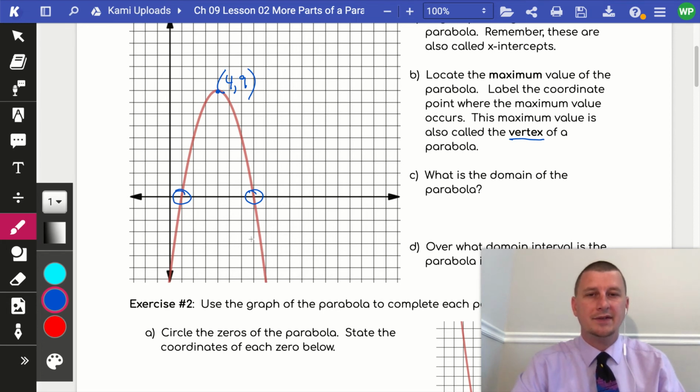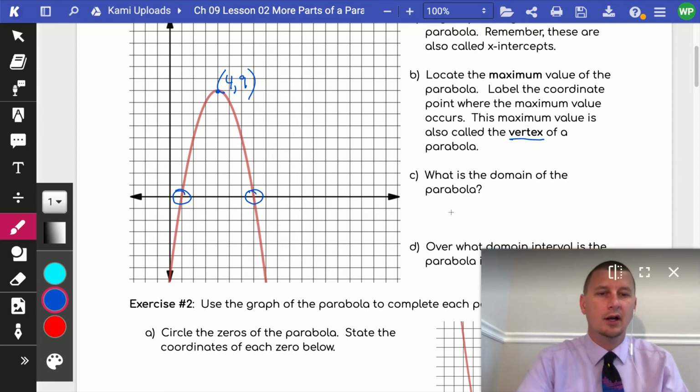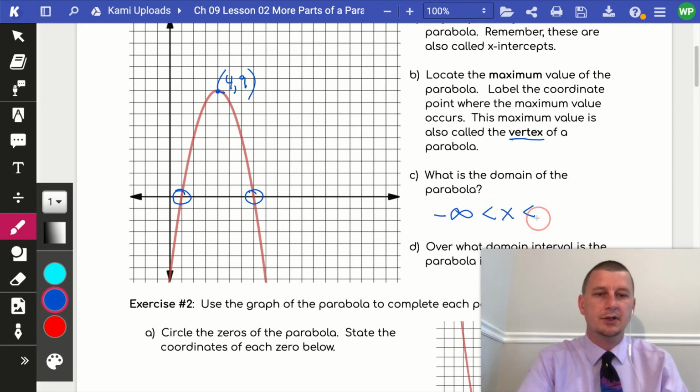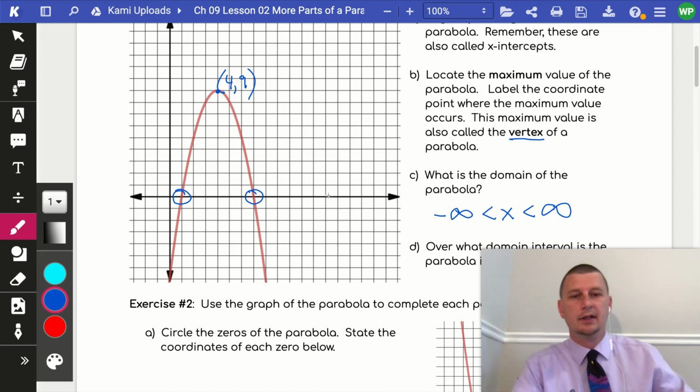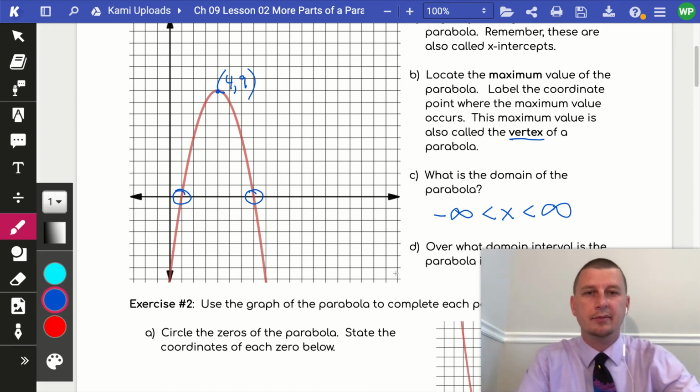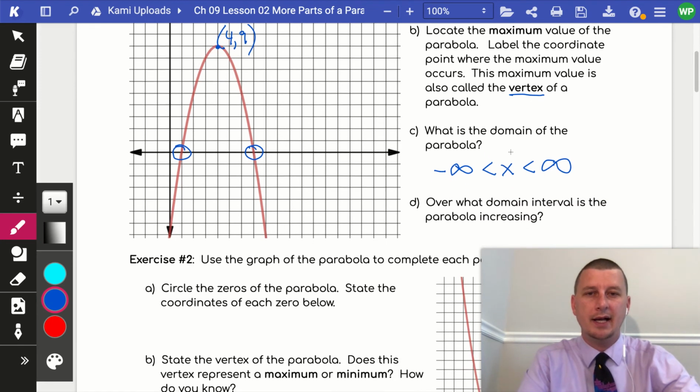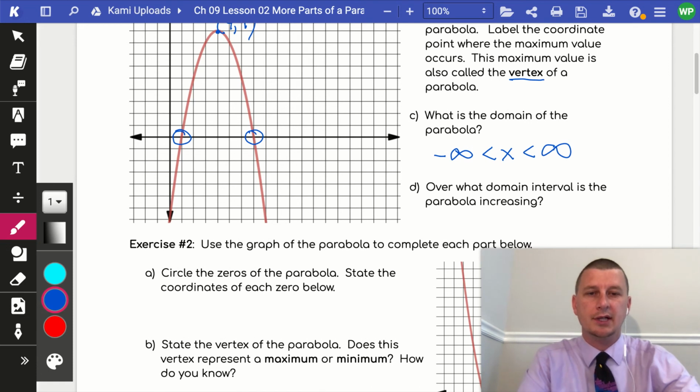When we deal with x values, right forever is our keyword. So if it goes left forever and right forever, our domain is going to be all real numbers, or from negative infinity to positive infinity.